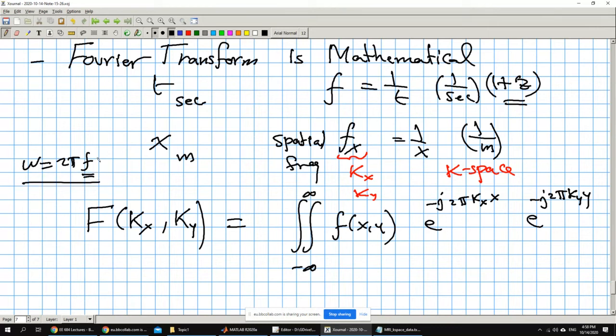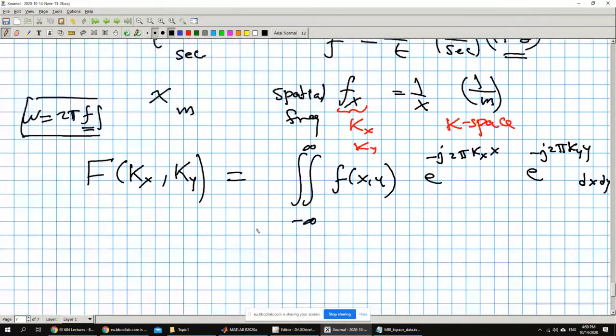So kx corresponds to this f: omega x will be twice pi kx, and omega y will be twice pi ky, with dx dy. It's a very similar definition to the one-dimensional case.